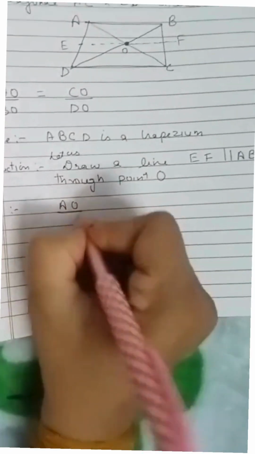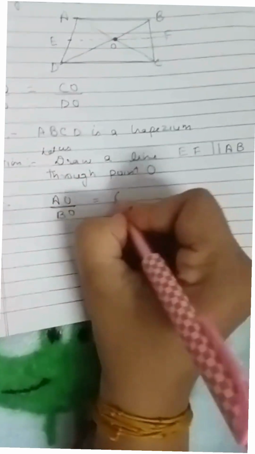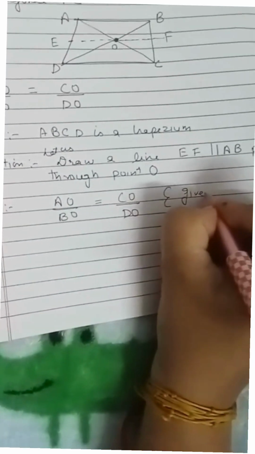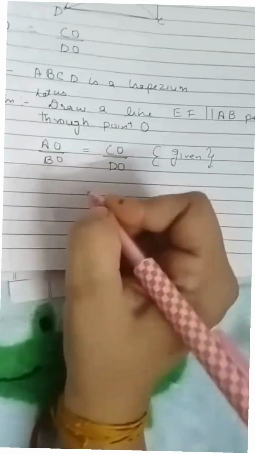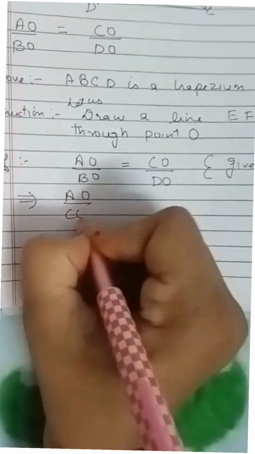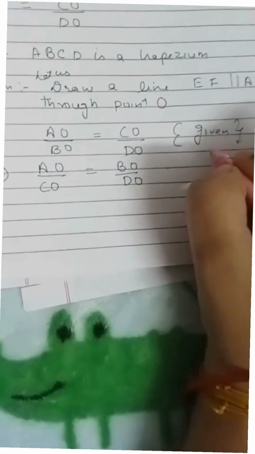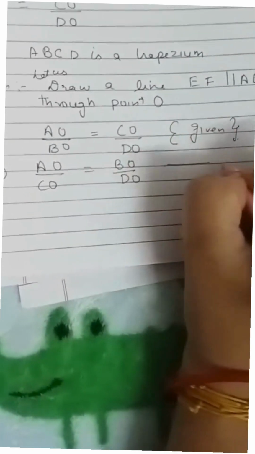Now let us begin our proof. AO/BO equals CO/DO. It is given. When it is given, we can interchange the values and write it in this way: AO/CO equals BO/DO. Take it as equation 1.